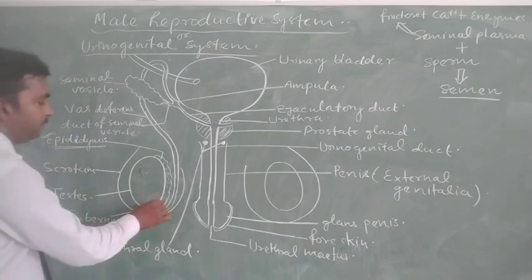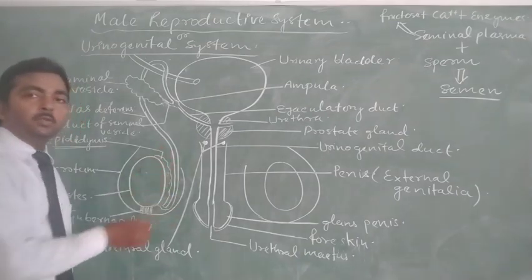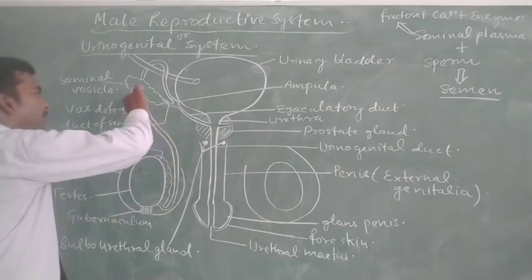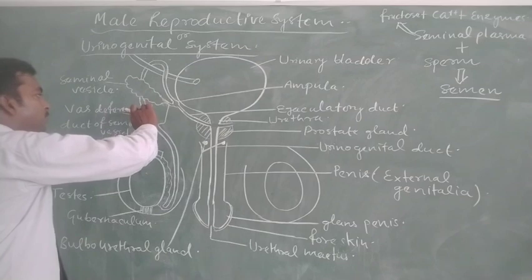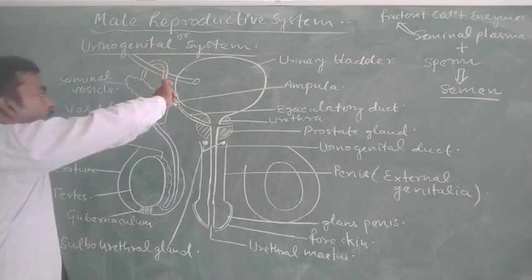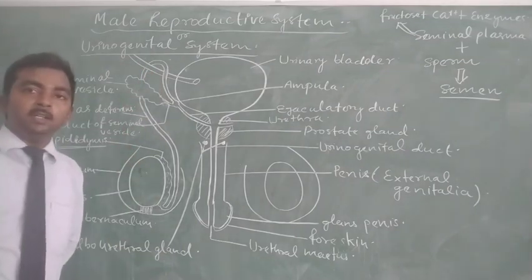Then from the epididymis, the sperm are transferred through the vas deferens, which carries the sperm and reaches near the first gland, that is the seminal vesicle.